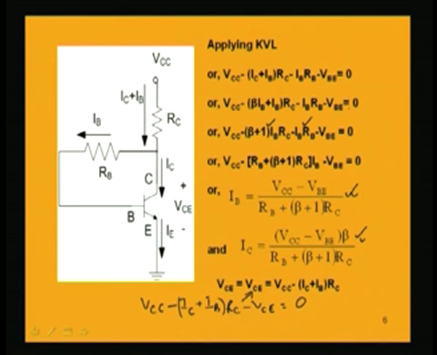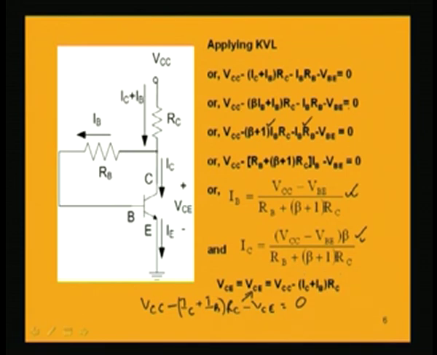Now, if we can design the biasing scheme in such a way that the expression for IC gets rid of the term beta, under some limiting design specification being met, then we can achieve that. Intuitively, we can see that in the denominator of this IC expression we have RB plus (beta plus 1) RC.